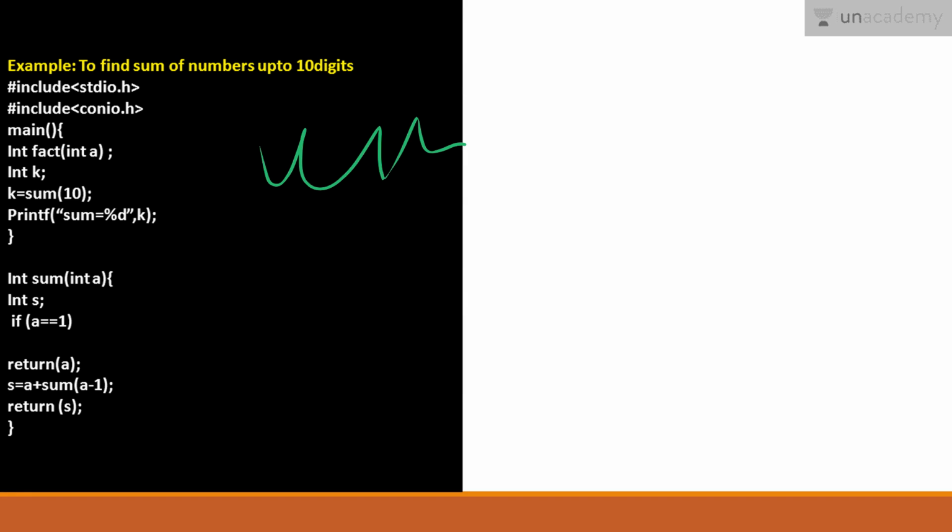Here in sum, int a, int k is equal to sum 10, printf sum is equal to %d k. Here I have defined this function sum, and here I have declared it. It's my mistake. So I have written the program to sum these 10 numbers: int s, if a is equal to 1.